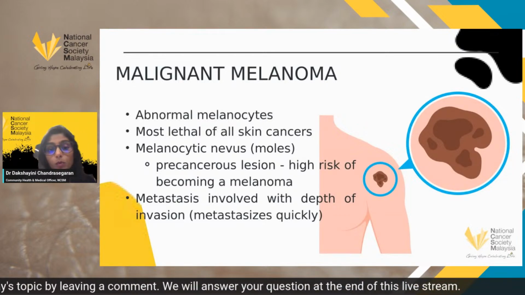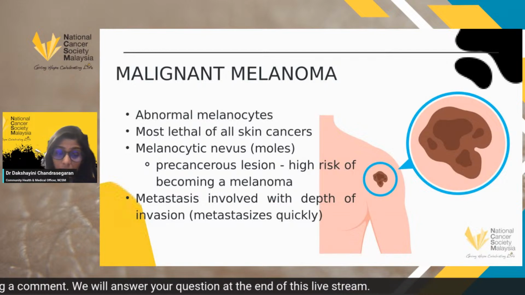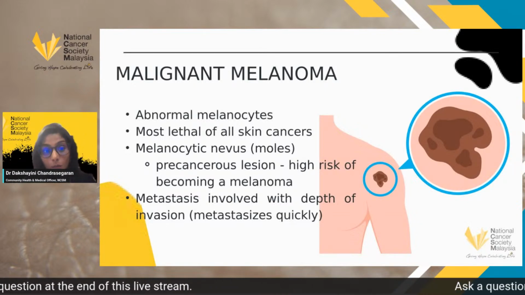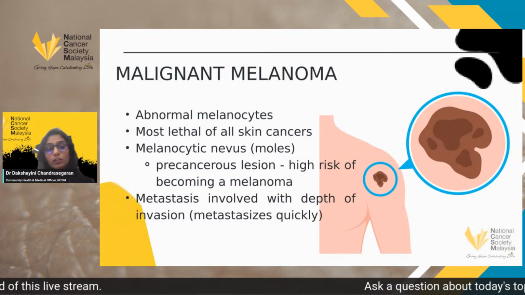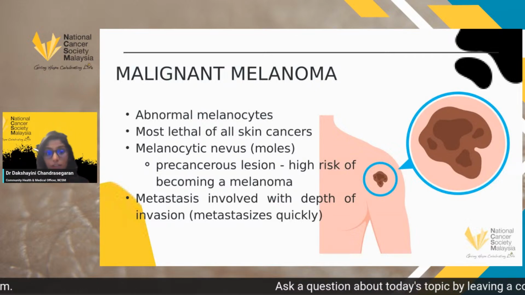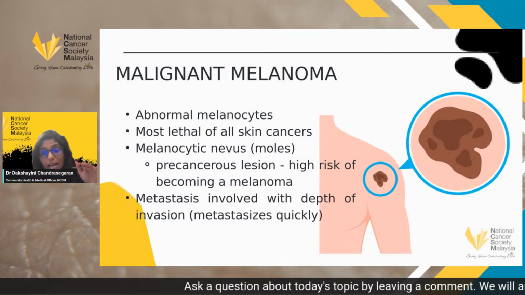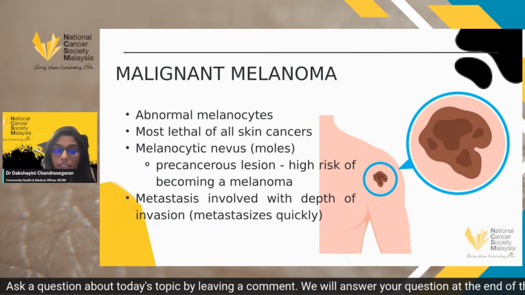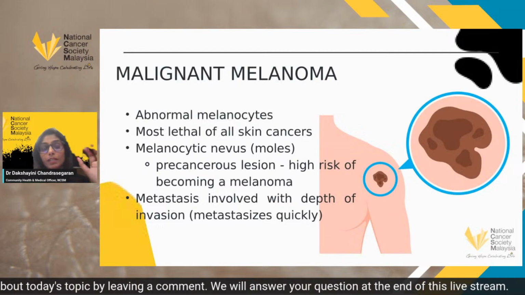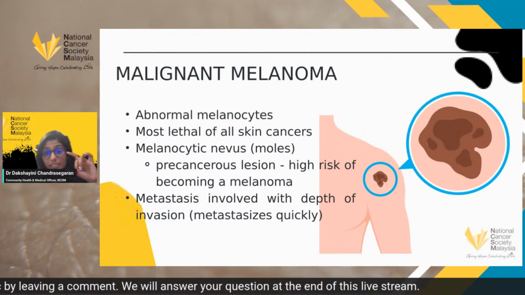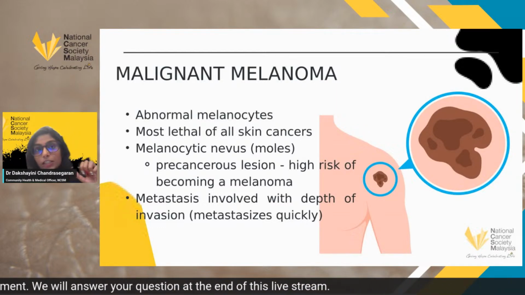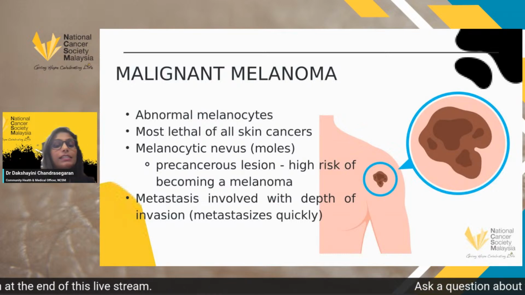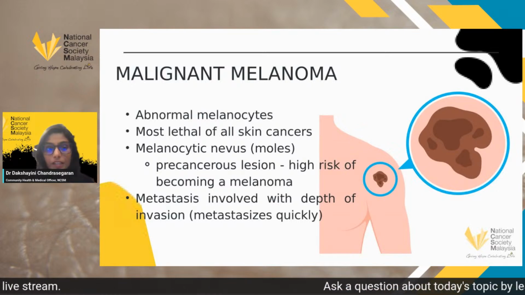These moles can be considered precancerous because they carry an increased risk of becoming a melanoma. Melanoma can spread horizontally within your epidermis and also vertically into the dermis. Metastasis of melanoma will be mostly associated with the depth of the invasion. It's also known as the deadliest form of skin cancer because it metastasizes very, very quickly.